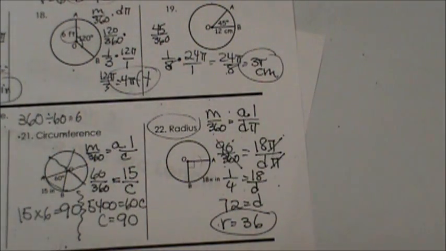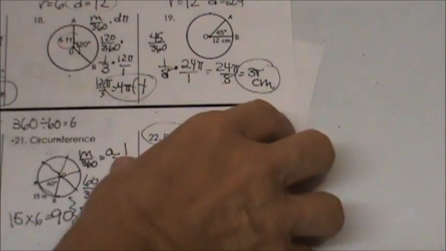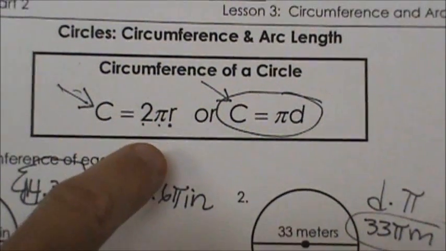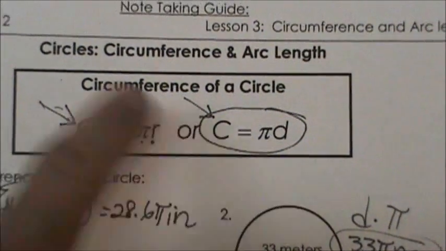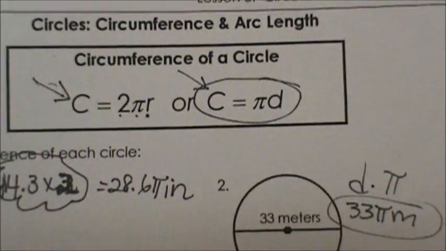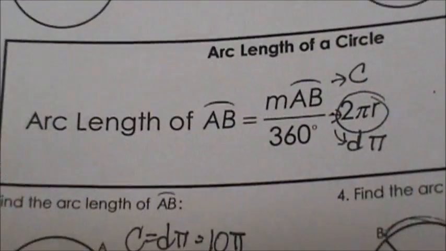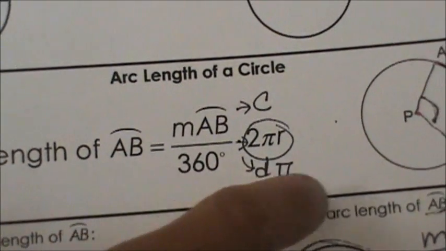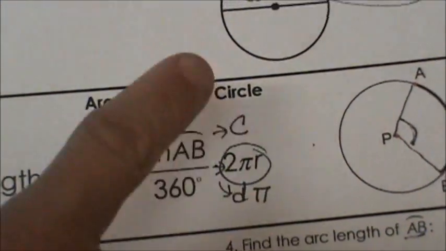Okay, so you've learned the circumference formula in 2 forms. Circumference can either be 2 pi r or d pi. And then you've learned how to do the arc length. The measure of the arc over 360 times the circumference in any of the forms.